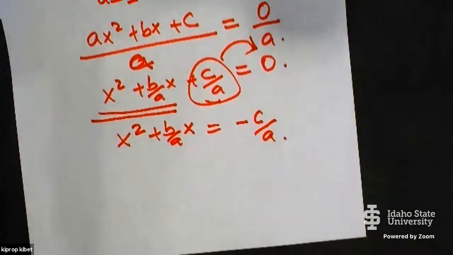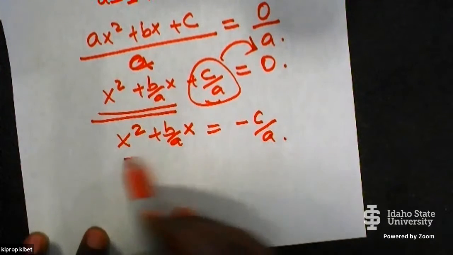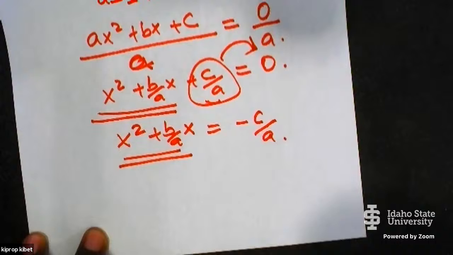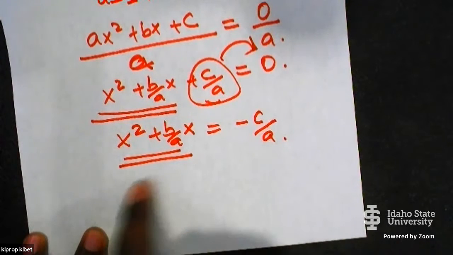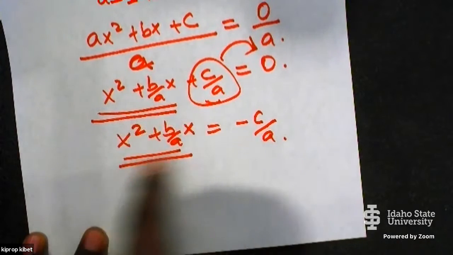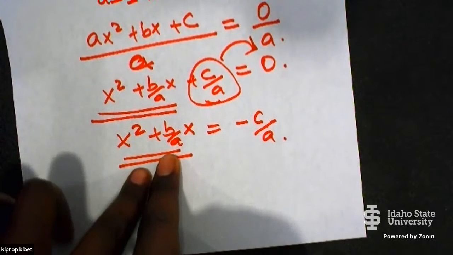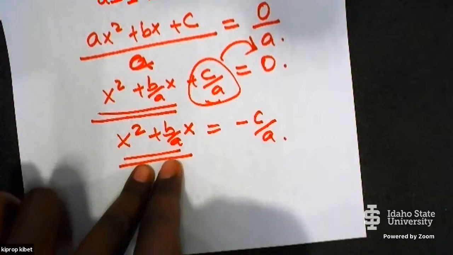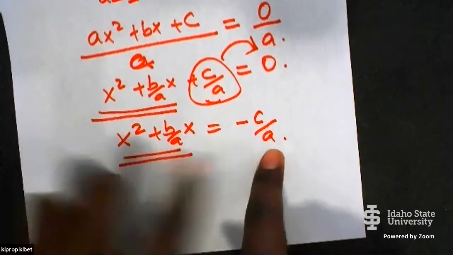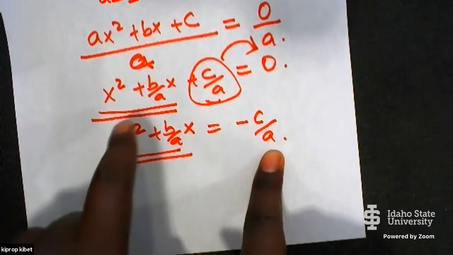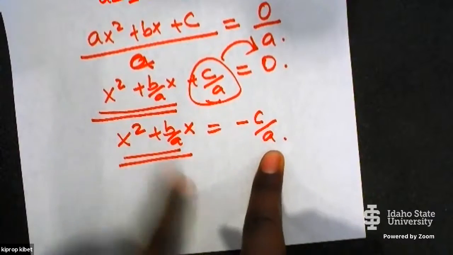So that is how you can now, using the method that we have done, complete the square, and then after completing it, you get the values of x.